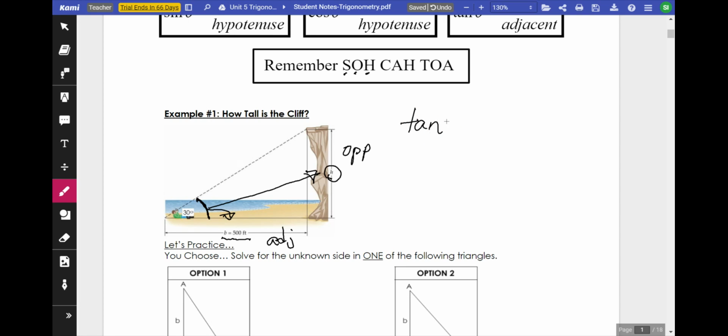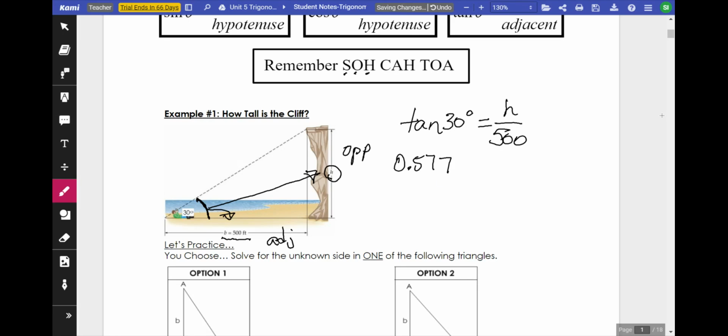So tangent of 30 degrees equals opposite is h, and the adjacent is 500. So we're going to have to find the tangent of 30 degrees. On your calculator, you're going to punch in tan and then 30, or 30 and tan, depending on your calculator. And the tangent of 30 degrees is 0.577.